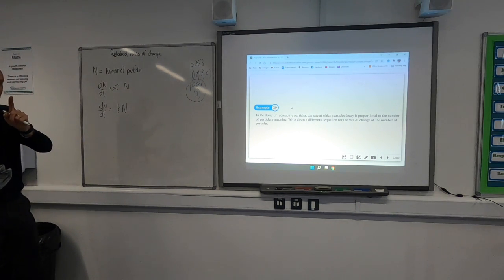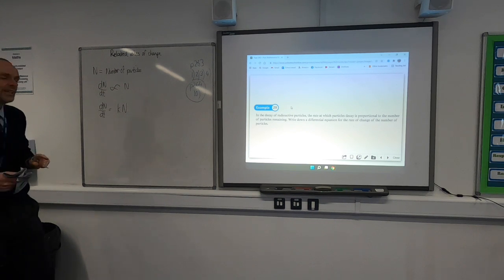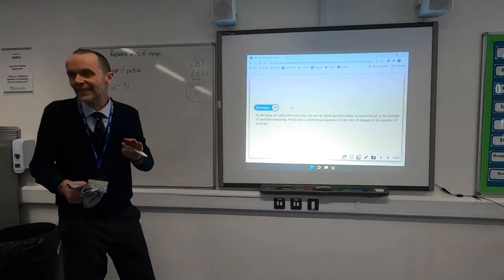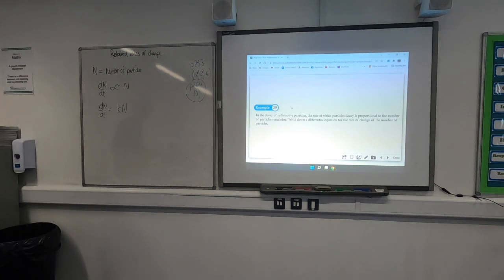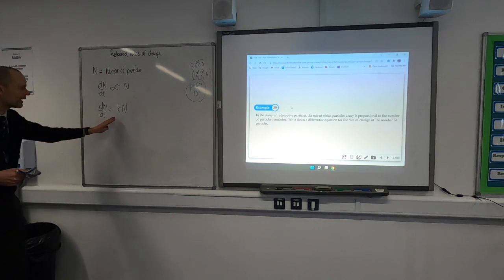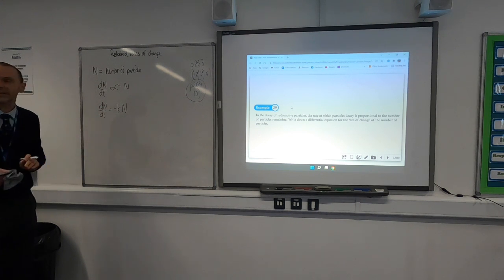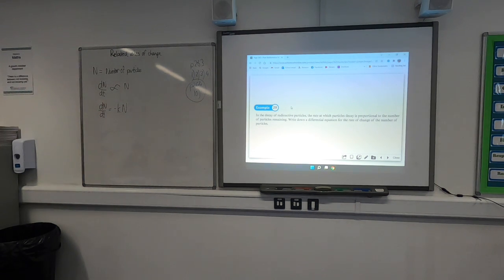Now there's only one subtle thing we need to add. This is definitely a negative rate. Something is getting smaller here. So that means k is going to be negative. But what we tend to do is put a minus sign there to indicate that this is something getting smaller, and therefore k is going to be positive.